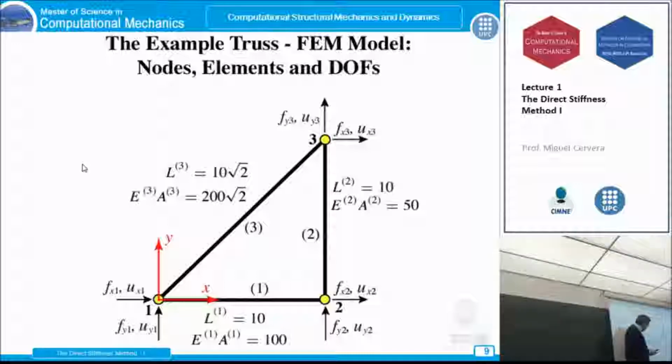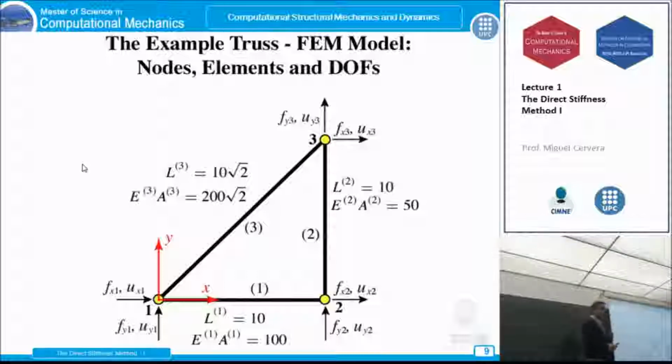I am going to assign lengths and mechanical properties to each bar. Okay? And I am going to assign degrees of freedom to the nodes. I'm going to say node number 1 is going to have ux1 and uy1 as degrees of freedom. Node 2 is going to have ux2 and uy2 as degrees of freedom, and the same for node 3.